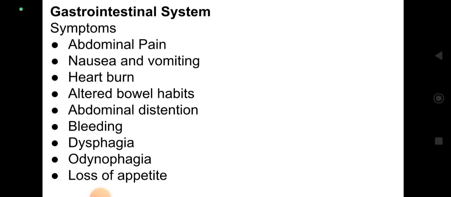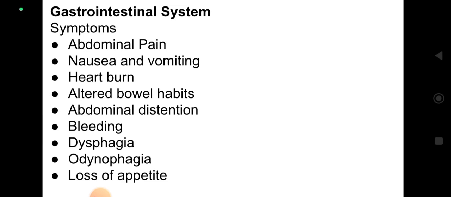We have systemic examination of gastrointestinal system, cardiovascular system and respiratory system. Firstly, gastrointestinal system. The symptoms associated are abdominal pain, nausea, vomiting, heartburn, altered bowel habit, abdominal distension, bleeding, dysphagia, odynophagia, and loss of appetite.